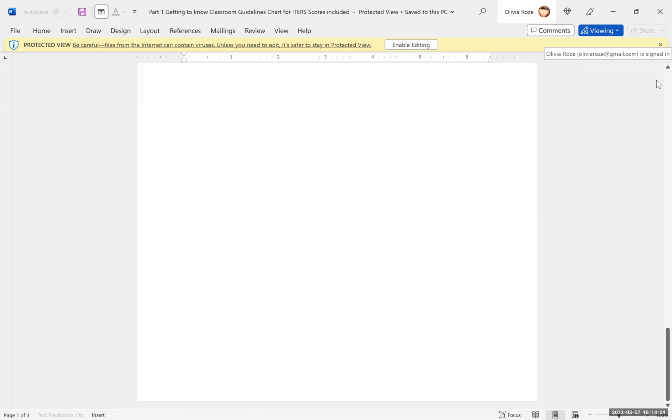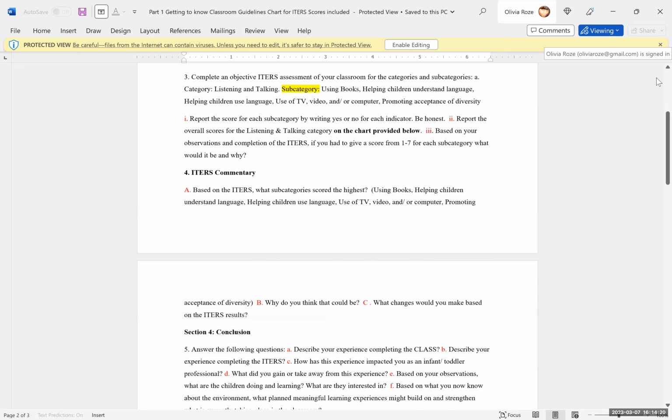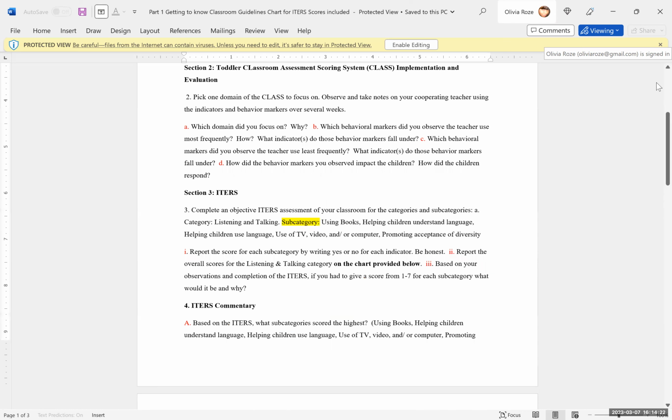As you can see on the chart, it's already been marked by each of the subcategories and then the numbered indicators where you're just simply going to write again, yes or no, if you've observed those behaviors or materials in the classroom.